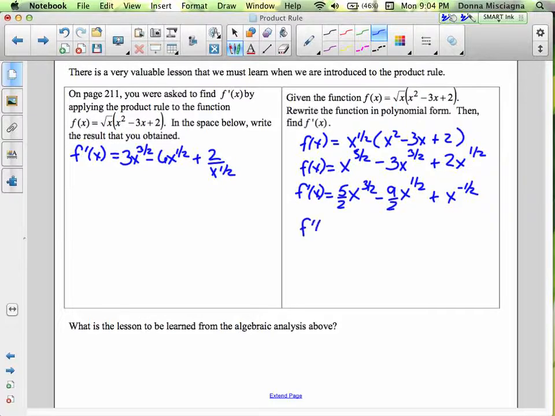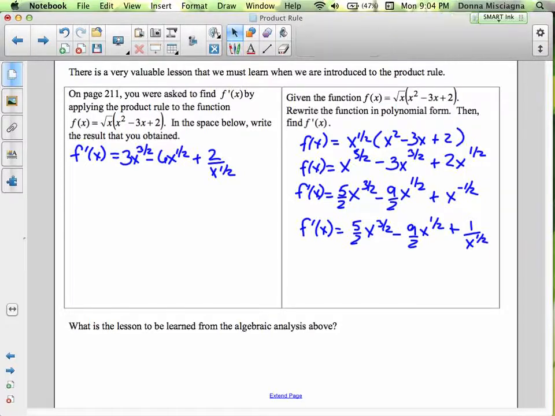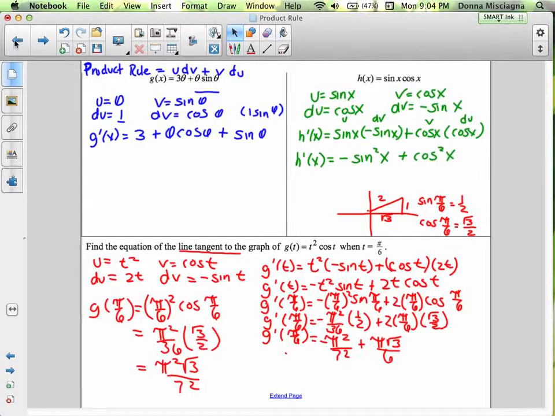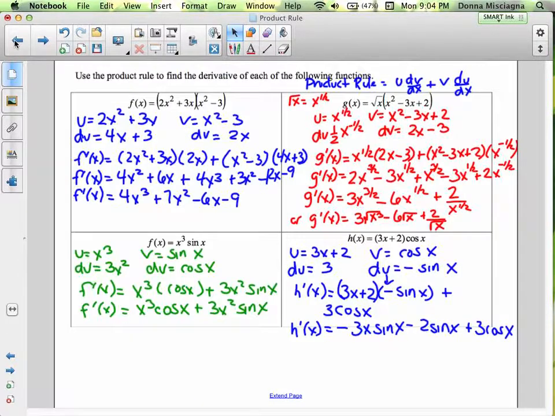All my exponents are correct, but nothing else. None of my coefficients. And this would be 1 over x to the 1 half. What went wrong? Let's take a look. See if we figure something out. And we might talk about it in class.